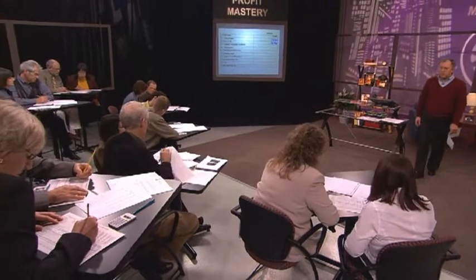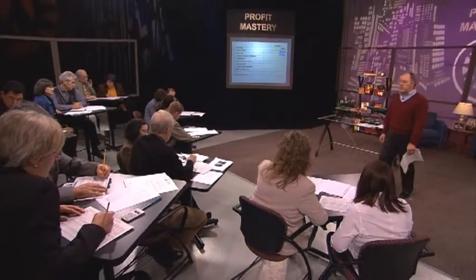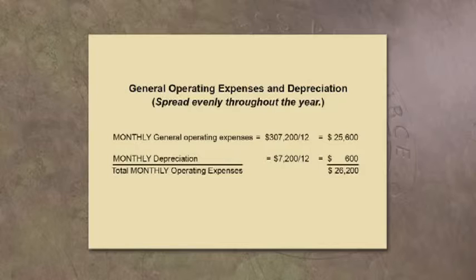Now, to figure out how he spread his general operating expenses, we need to look at the very bottom of that same page. It tells us that the general operating expenses and depreciation are spread how? Equally, meaning divide by 12.